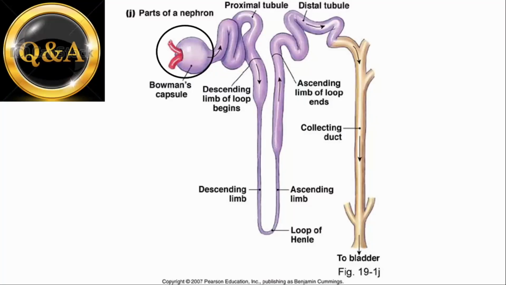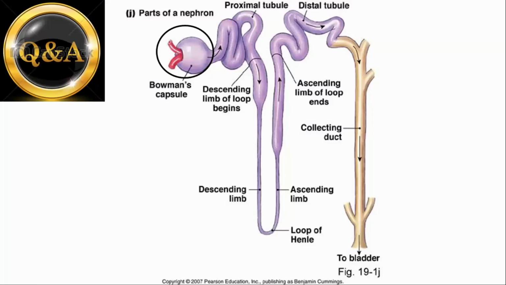Inside this circle is the renal corpuscle, and the pink part is Bowman's capsule, and we can see the afferent and the efferent arterioles are coming in and out. By the way, the afferent and the efferent, they are arterioles, but there's a question here.